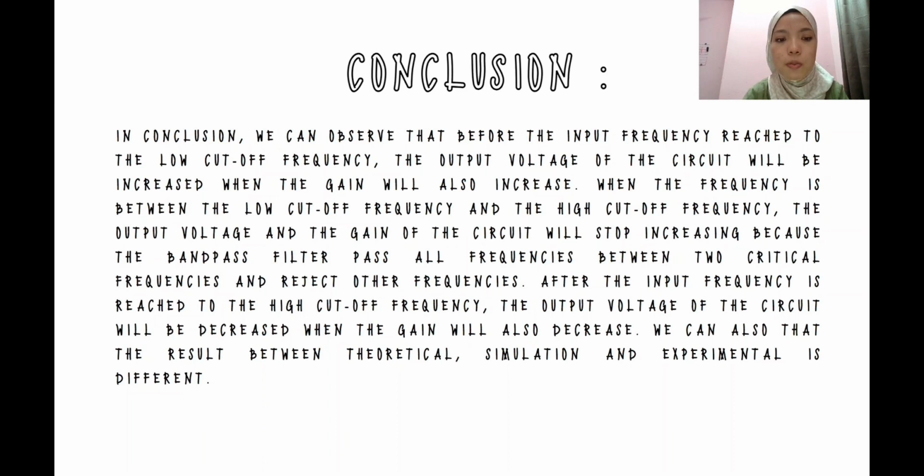When the frequency is between the low cut-off frequency and the high cut-off frequency, the output voltage and the gain of the circuit will stop increasing because the band pass filter passes all frequencies between two critical frequencies and rejects other frequencies. After the input frequency reaches the high cut-off frequency, the output voltage of the circuit will decrease, and the gain will also decrease. We can also see that the results between theoretical, simulation and experimental are different.